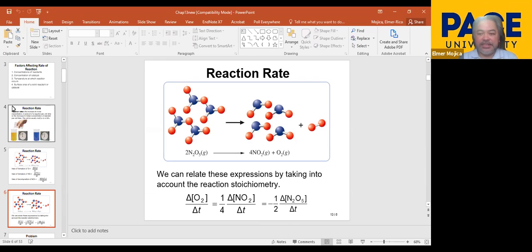You can only apply it if you're dealing with the reactants and products in a given reaction. So you want to relate the decomposition of the reactants to the formation of the products. Okay.